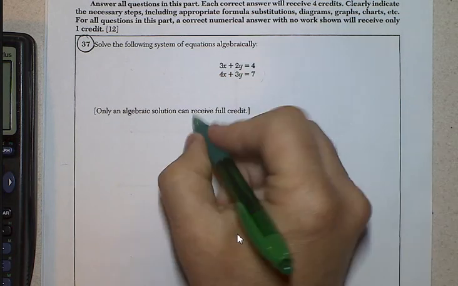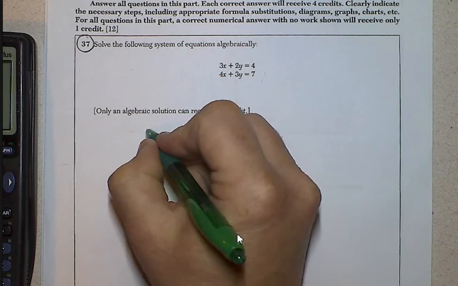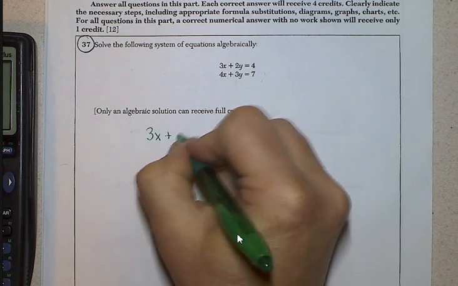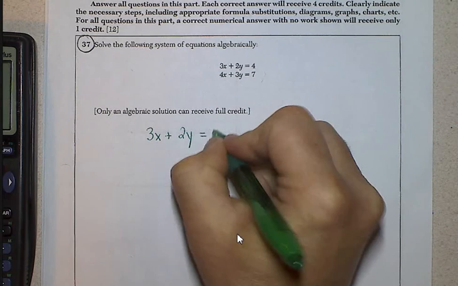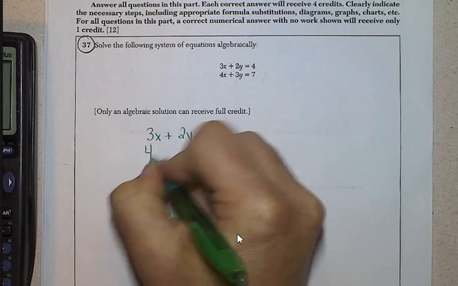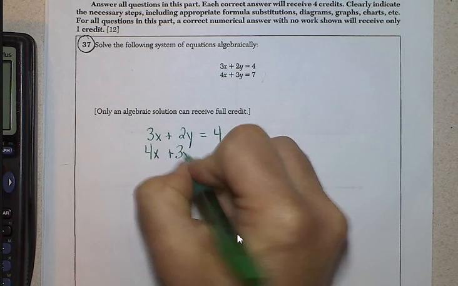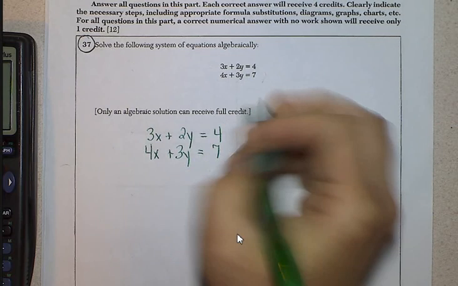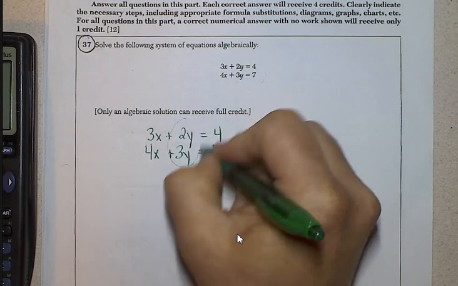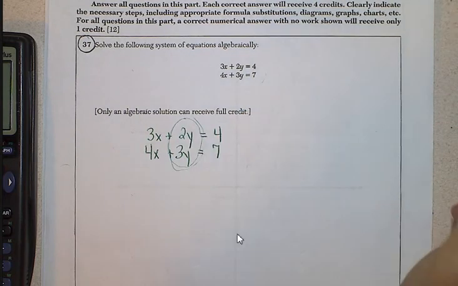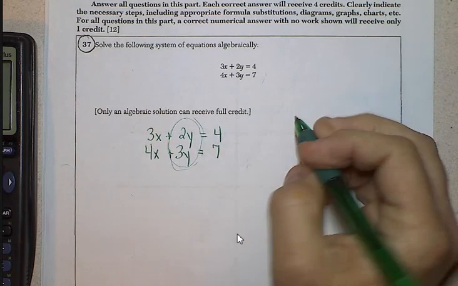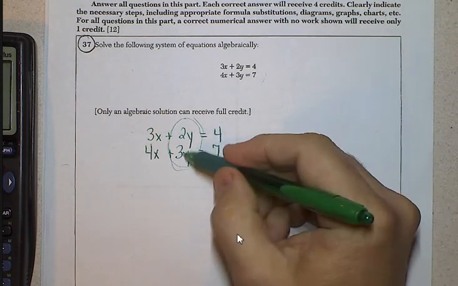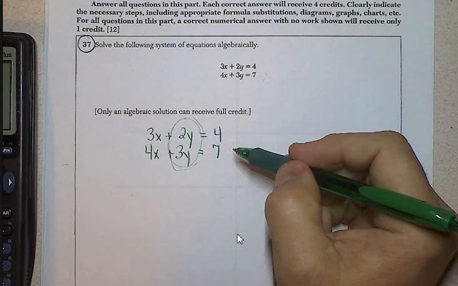So I'm going to rewrite the problem. I have 3x plus 2y is equal to 4, and I have 4x plus 3y is equal to 7. And what I'm going to do is elect to eliminate the y's. So I take a look at the 2 and the 3, and I ask myself, what's a number that 2 and 3 go into evenly, or what's a common multiple?